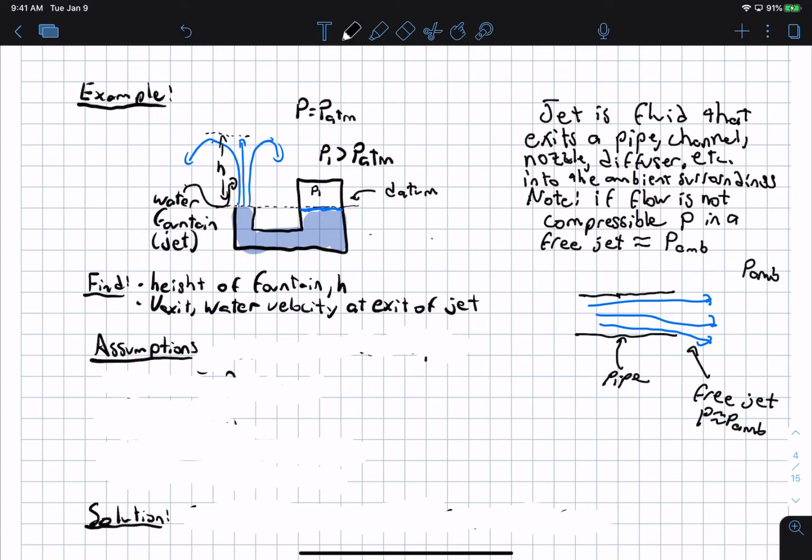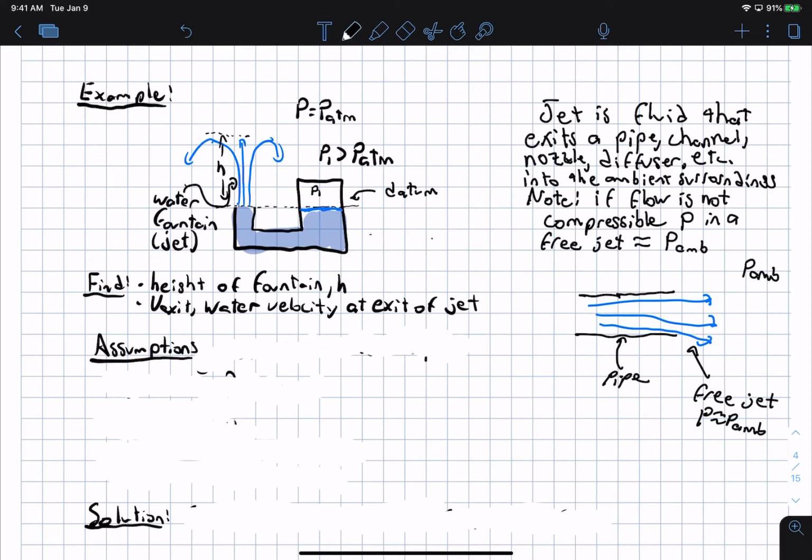Basically it means the portion of fluid that has exited the pipe and is now in the atmosphere is free to expand in the outside air.